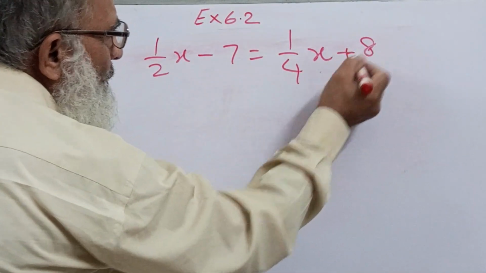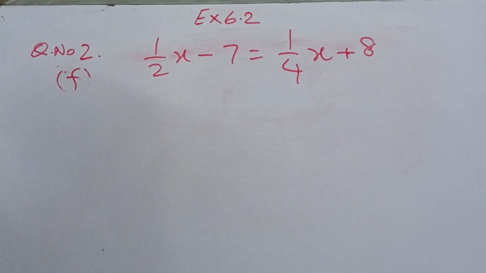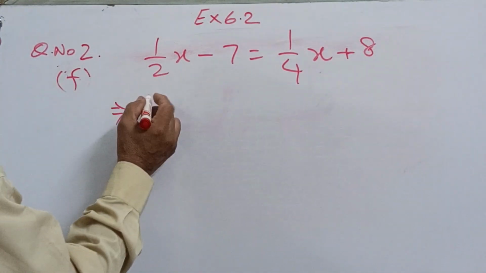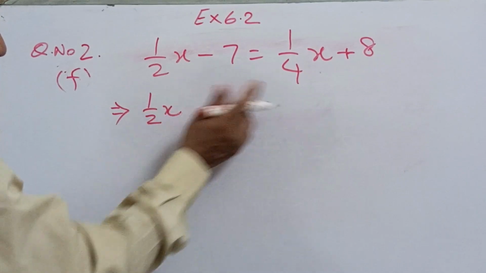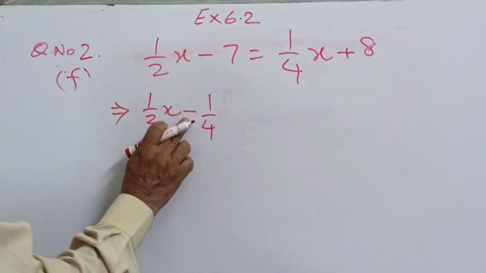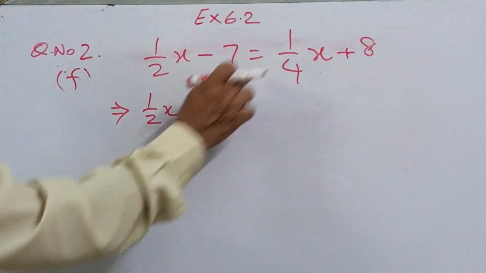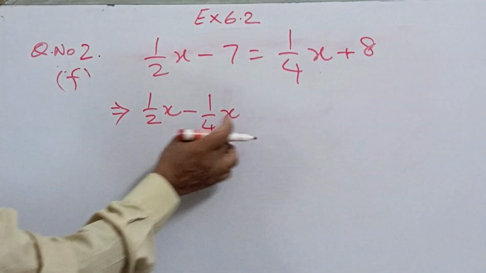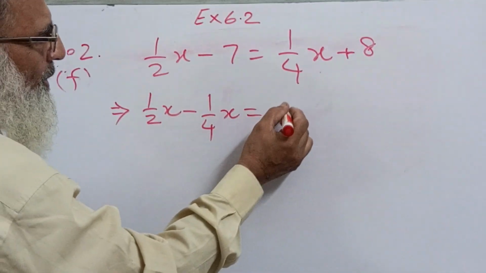Now if I do it in one step, I hope you will understand it. Now you see that this is 1 by 2x, and bring this over here with changed sign. You see that this is positive. I have changed the sign with its own variable, and also 8.